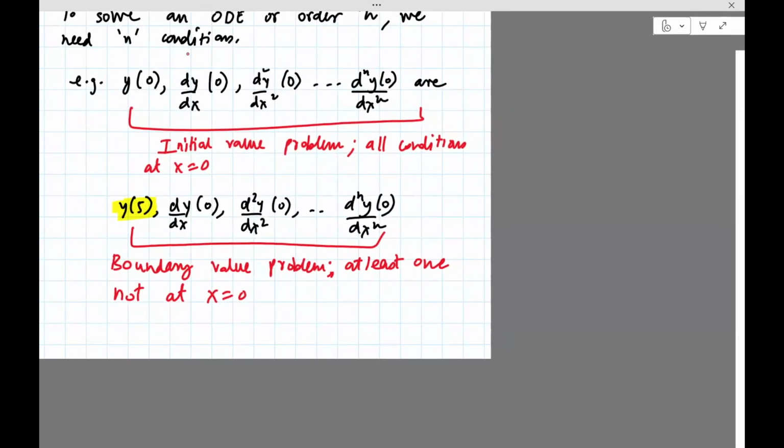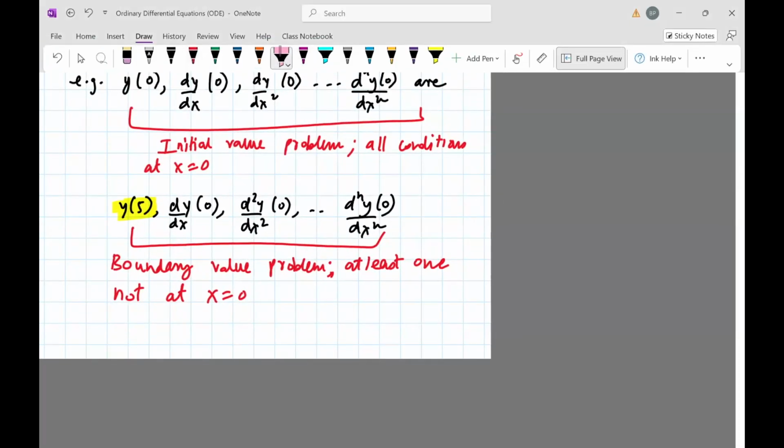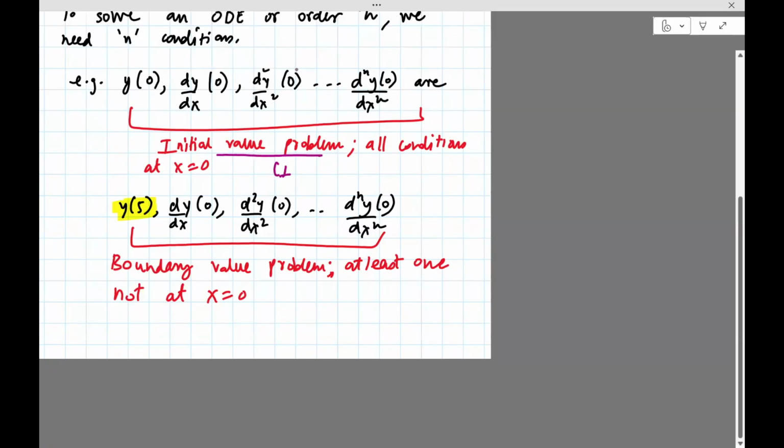Okay, so this thing is often abbreviated as IVP, and this thing is often abbreviated as BVP.